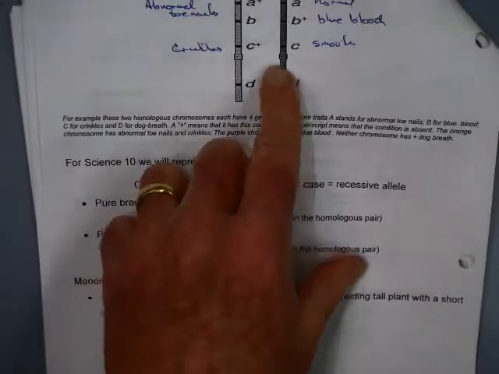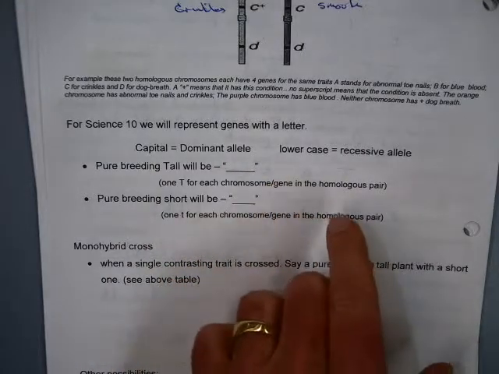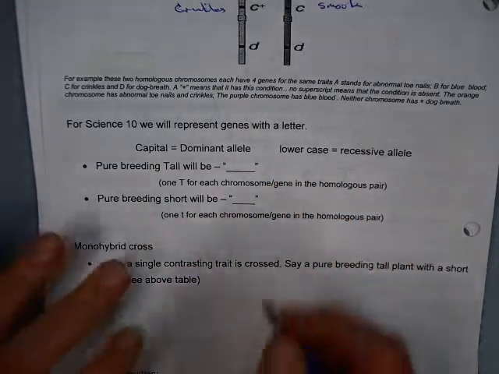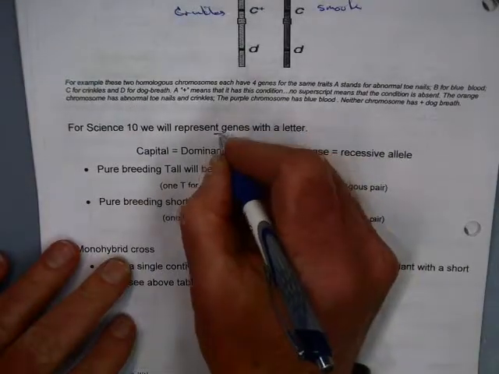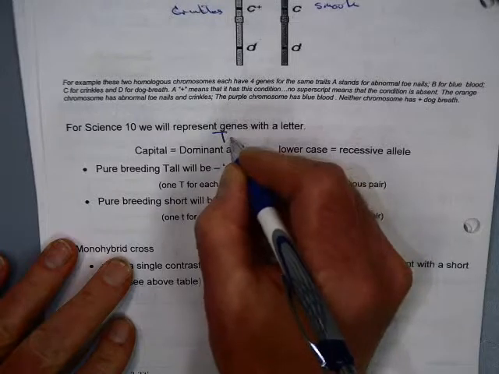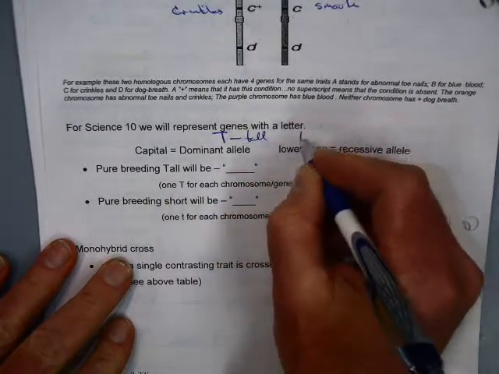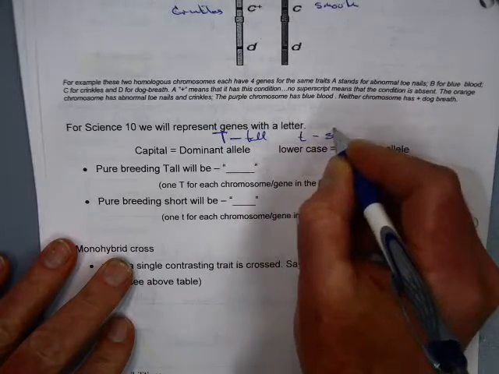We're not going to use plus or minus, we're going to use dominant, okay? So in the case of tallness, just like we said before, capital T is going to be the tall allele. Lowercase t is the short allele.